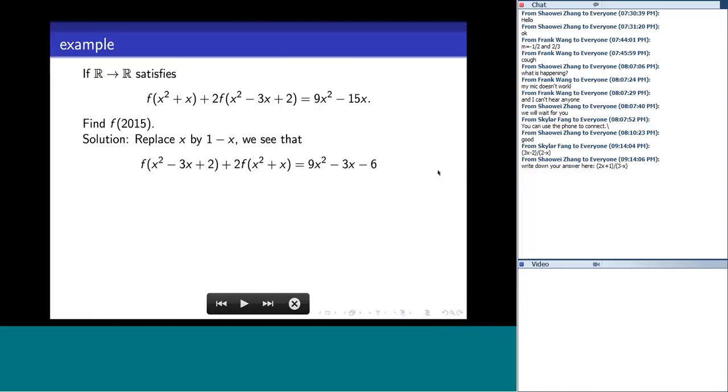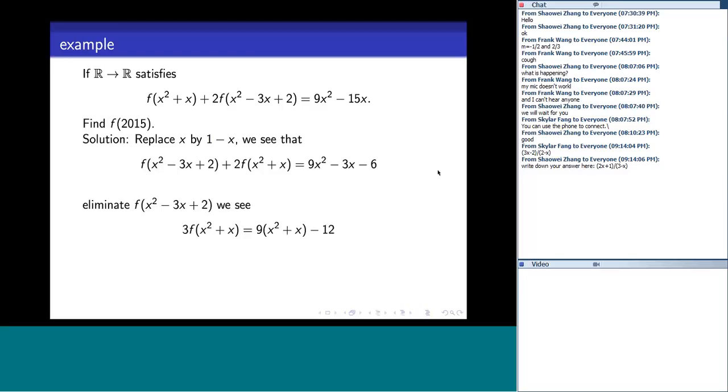Then basically, this is a linear equation in those two unknowns. Then you eliminate f(x squared minus 3x plus 2), or you can eliminate the other one. That's okay, just eliminate that one. Then you immediately get f(x squared plus x) equals 3x squared plus x minus 4.